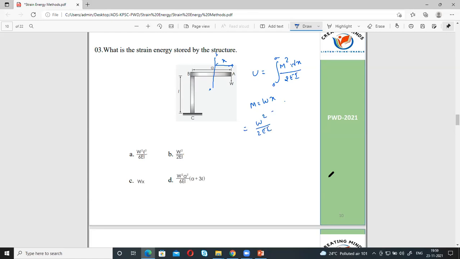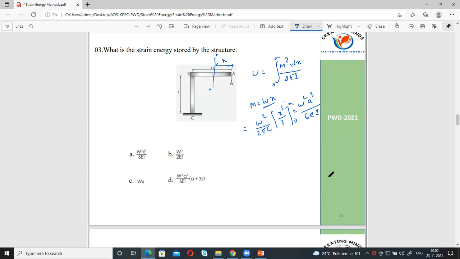Finally, W x square. What is the integral of x square? x cube by 3, limit 0 to A. For this part, we are getting W square A cube by 6EI.